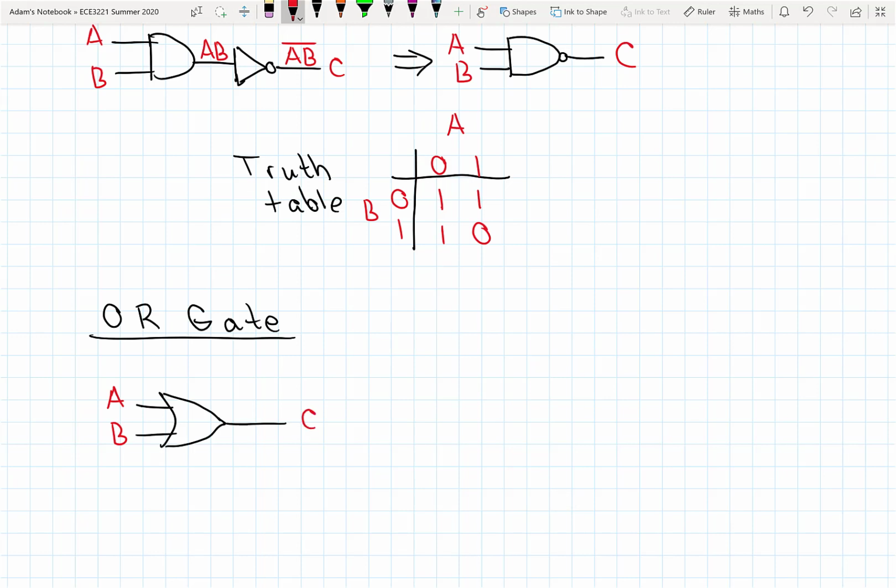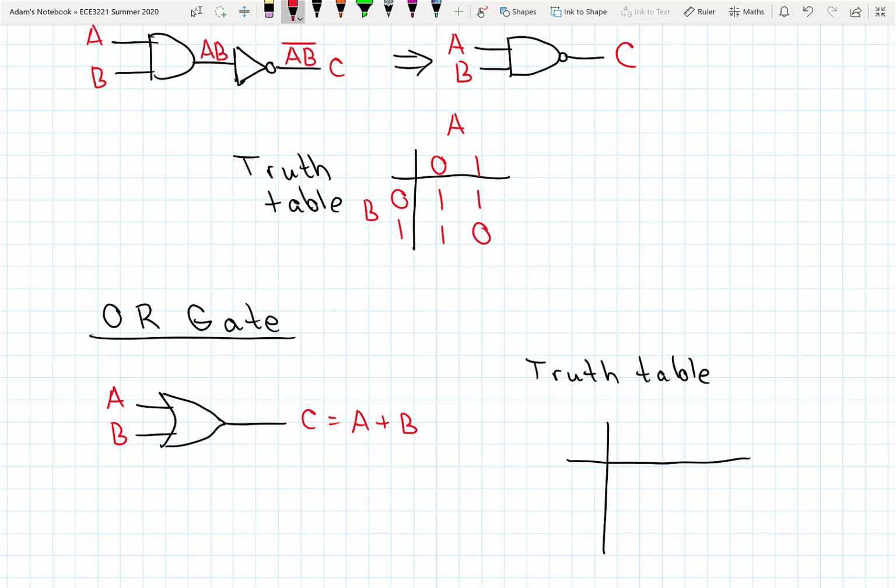The output C is A OR B. The plus symbol signifies an ORing operation, and just as the name suggests, the output is formed through a combination of the inputs.